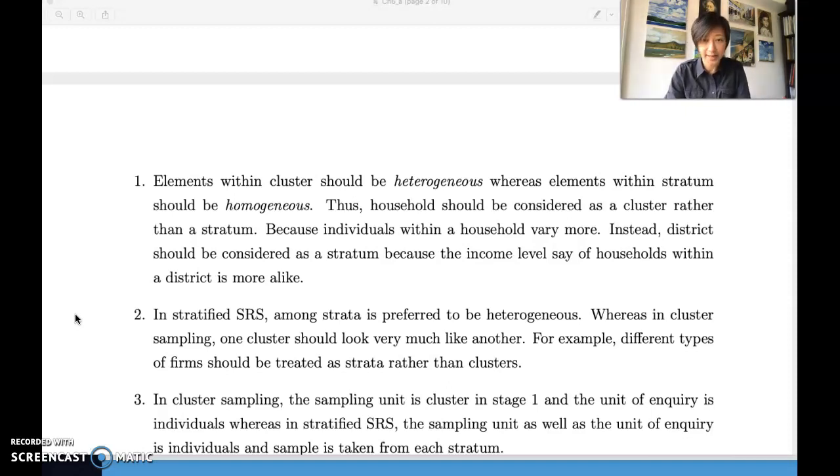For example, like the age, if I'm interested in the average age of the household or of the population, then I would go for cluster sampling, because within the household that I divide the population into, they capture the differences of the age groups, because we might have the grandparents, the parents, and the kids.